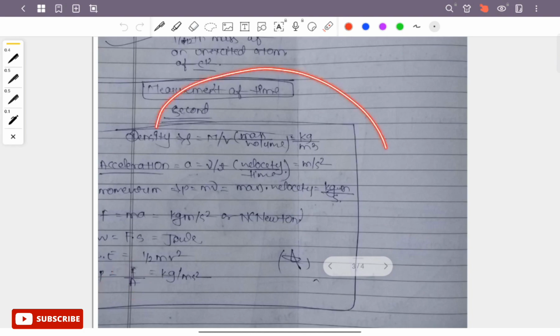This is the basic set of formulas which every physics student should know, because we are going to use these later in complicated chapters. So this is the first chapter of standard 11, units of measurement, which we have covered.